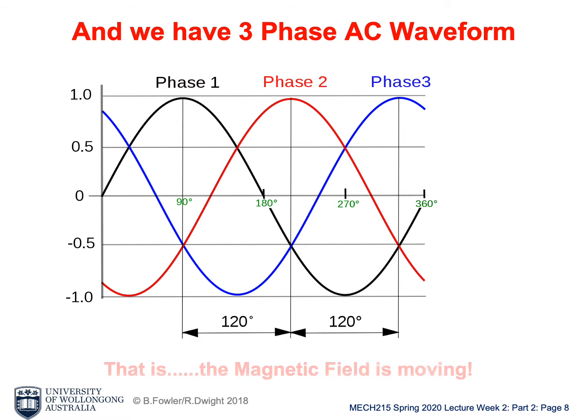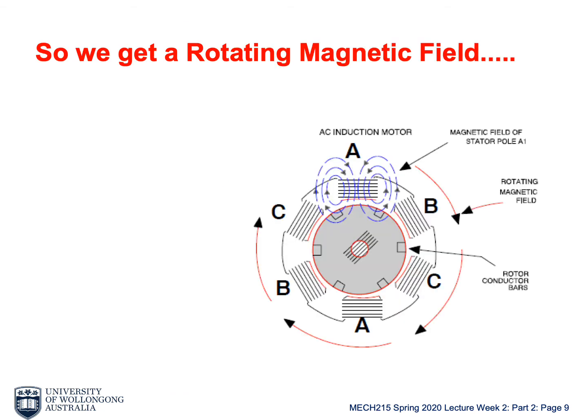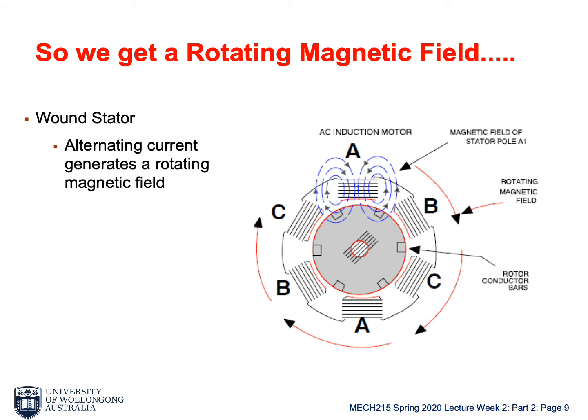So we have a magnetic field which is moving, changing its magnitude and changing its direction. We have a rotating magnetic field in the stator. At the stator, because the current changes, the magnetic field also changes, rotating around.